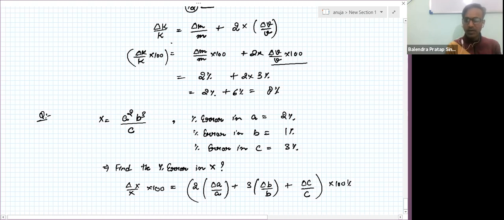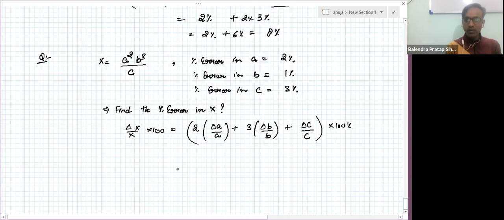So that's basically that. Percentage error in A: I have to multiply 100 with each term. Delta A upon A into 100, into 100, and into 100.